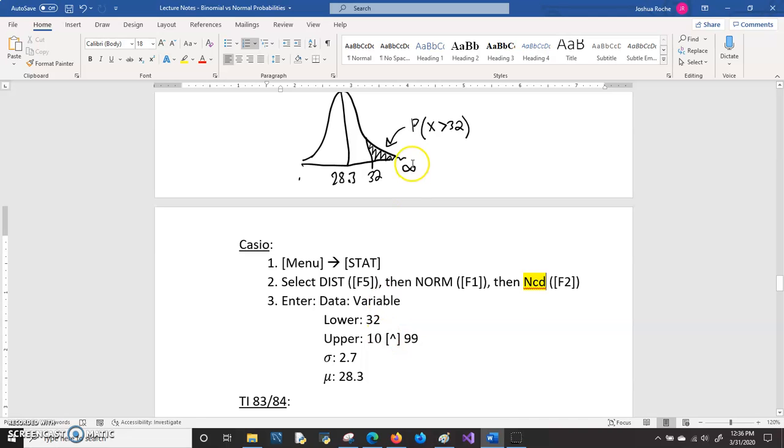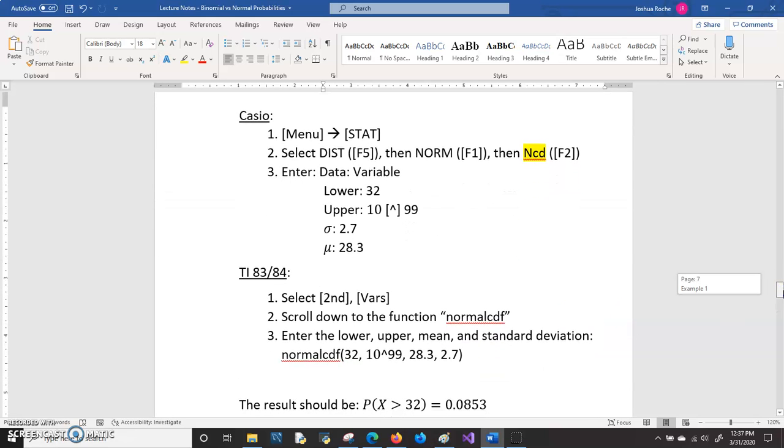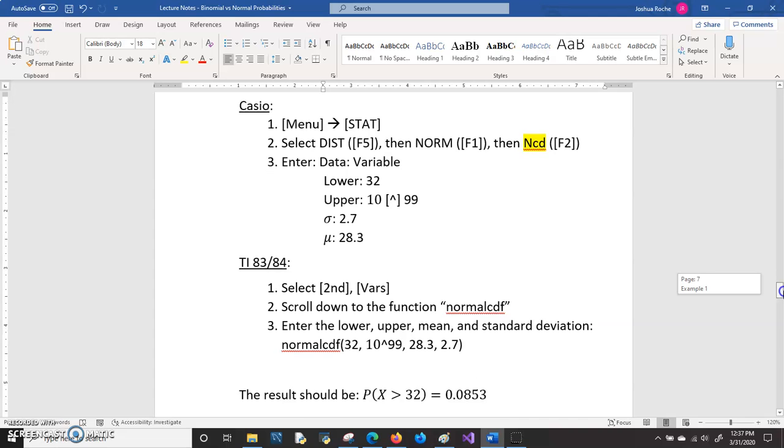The upper bound is the right boundary, but there's no right boundary. This shaded region, in theory, goes to infinity. So for your upper bound, instead of putting infinity, you can put just a very large number, let's say 10 to the 99 power. Put in the standard deviation, put in the mean, and execute, and then that will give you the result.